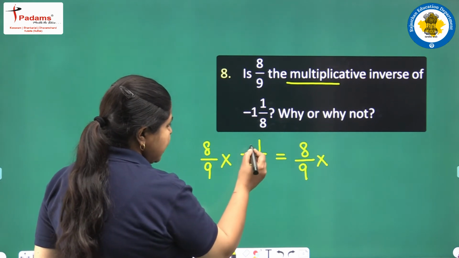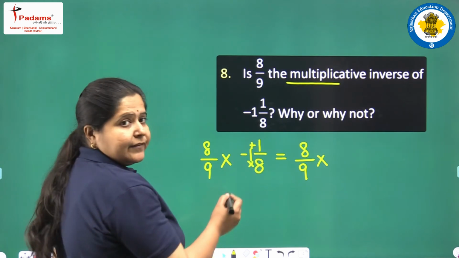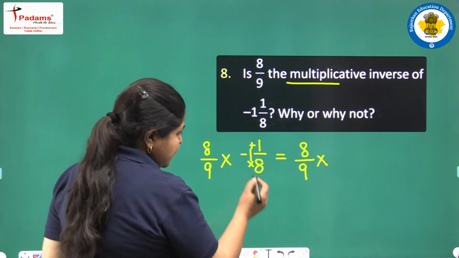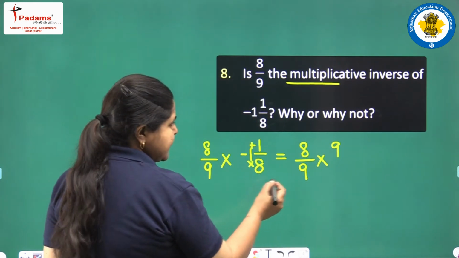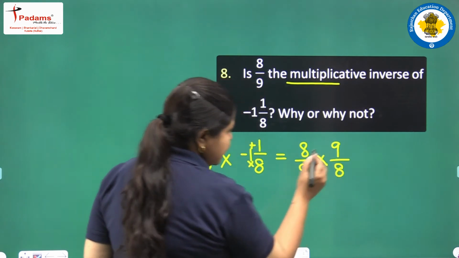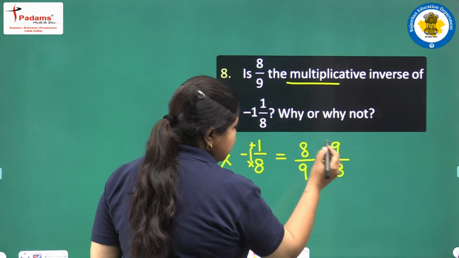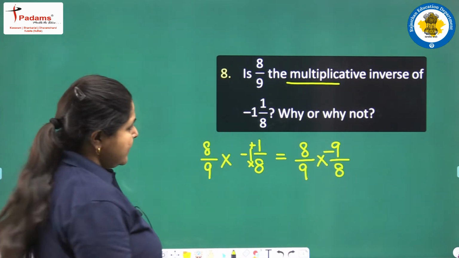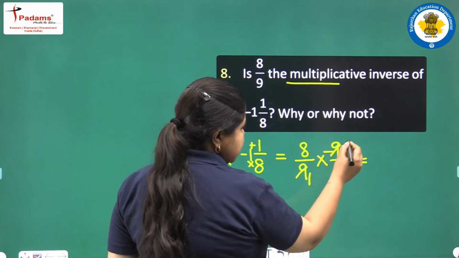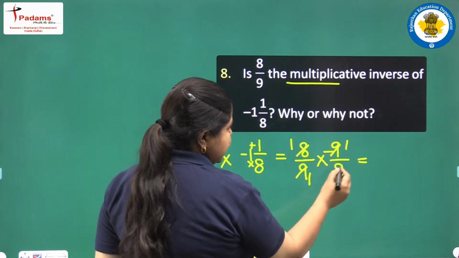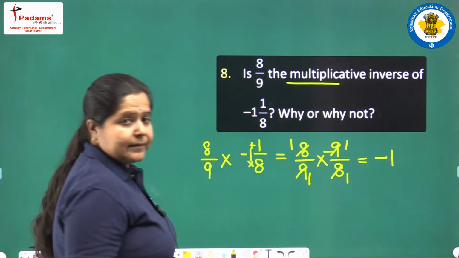Multiply these two and then add this one. 8 ones are 8 plus 1, we get 9 in the numerator and this 8 will be in the denominator. The denominator remains the same, and since it is minus, so we will put a minus sign here. Now cancel each other. 9 ones are 9, 8 ones are 8. What we are left with is minus 1.